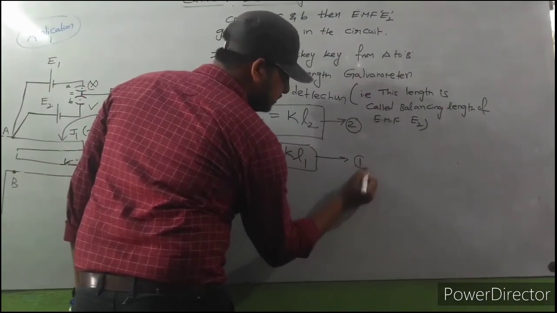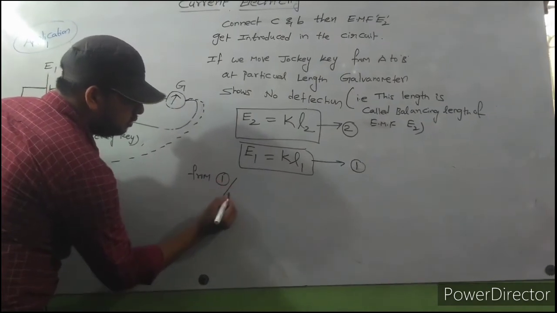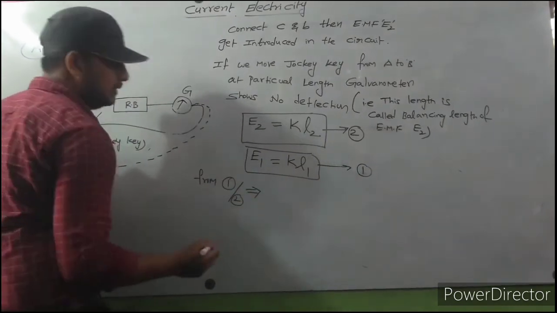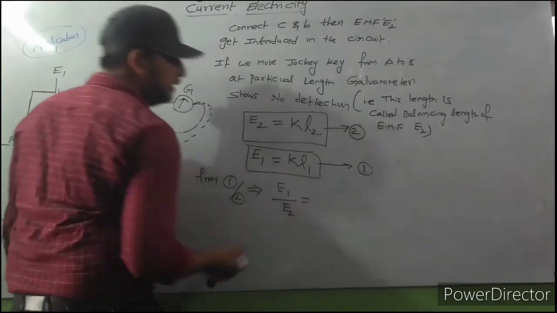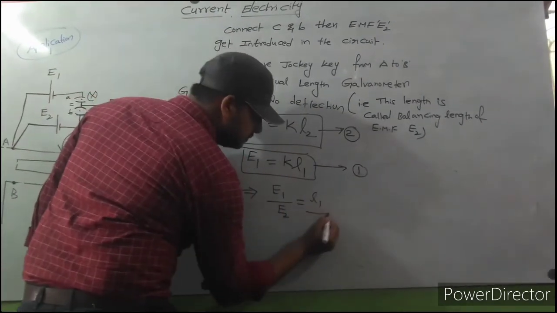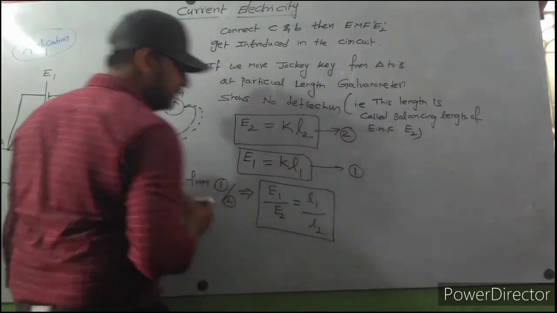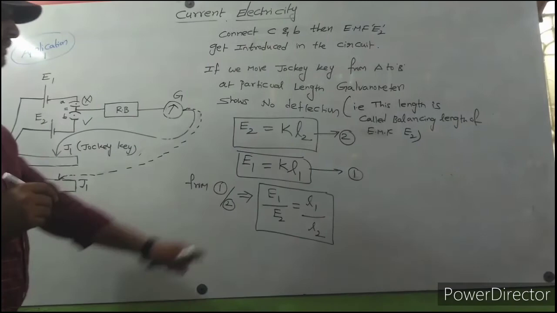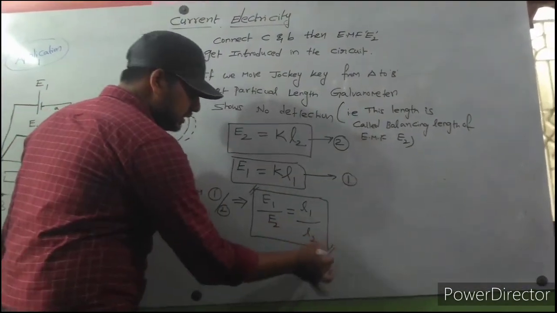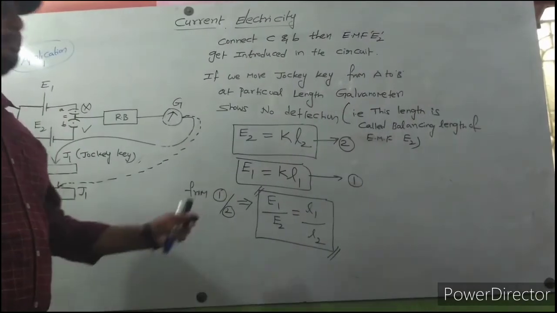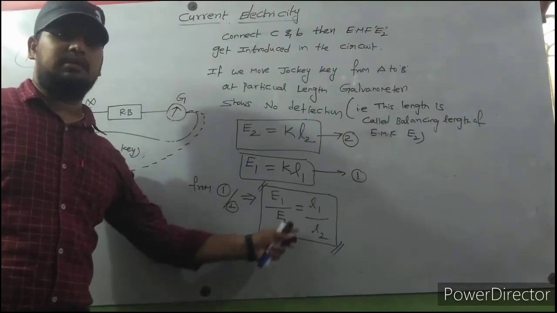From equation 1 by 2, E1 by E2 is equal to L1 by L2. This is a very, very important formula. This is the relation for comparison of two EMFs of the cells.